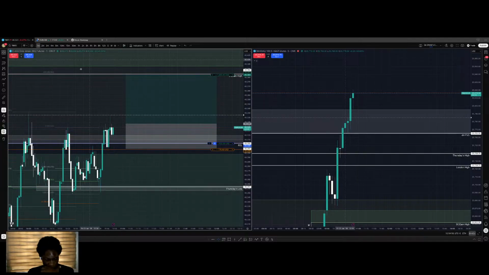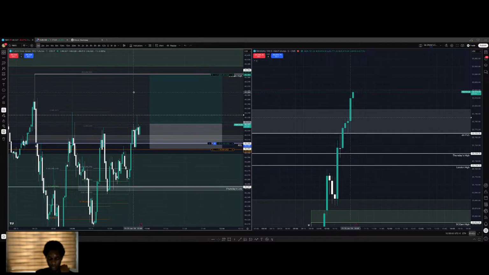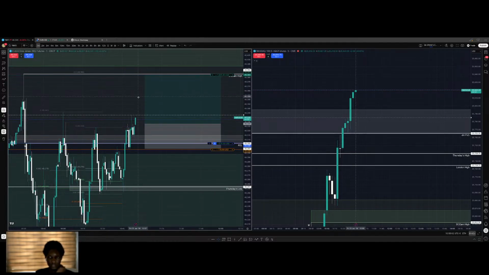So in 2 minutes, I want to see it close above here. That would mean we're closing above the order block. So let's see.